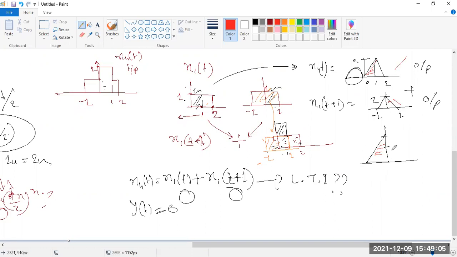From this 2 position, something is going to the upper side, here is 0, and here is coming downward, means there is a negative.